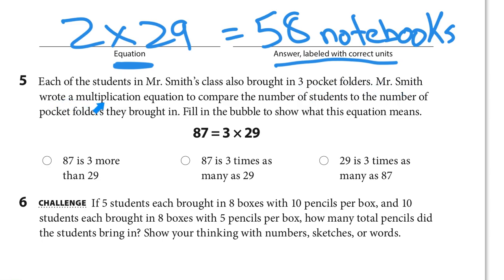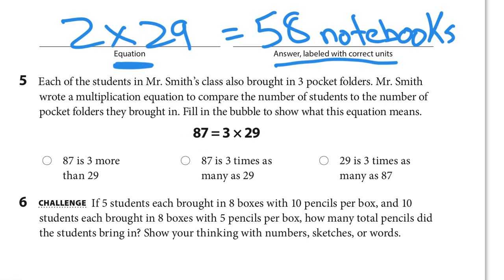Mr. Smith wrote a multiplication equation to compare the number of students to the number of pocket folders they brought in. Fill in the bubble to show what this equation means. So this here would say that there are 3 pocket folders for all the students. There's 29 of them, so you're going to count 3, 29 times. That would give us a total of 87 pocket folders.